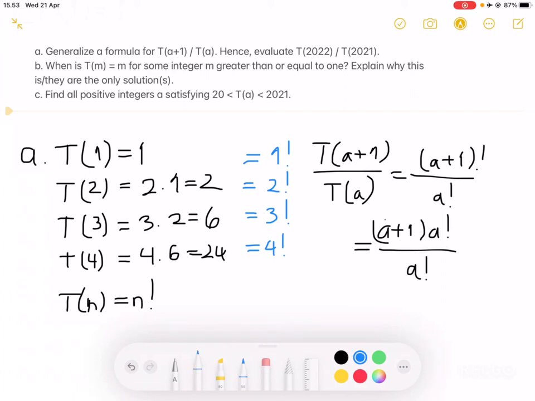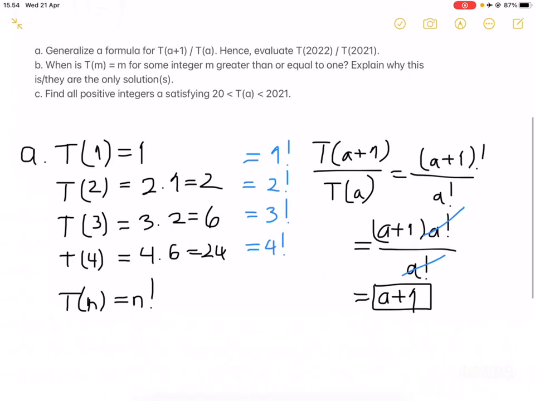Notice if you undo this part, you end up with the same thing. And notice that a factorial and a factorial cancel very nicely. Since we know a factorial is never equal to 0 for a being a positive integer, this is equal to a plus 1. So we have generalized a form.